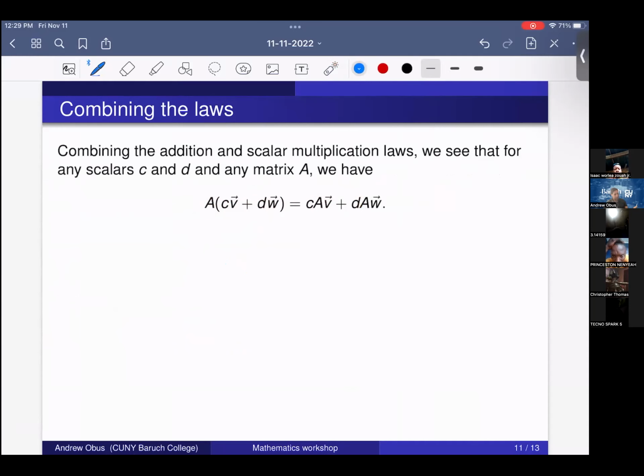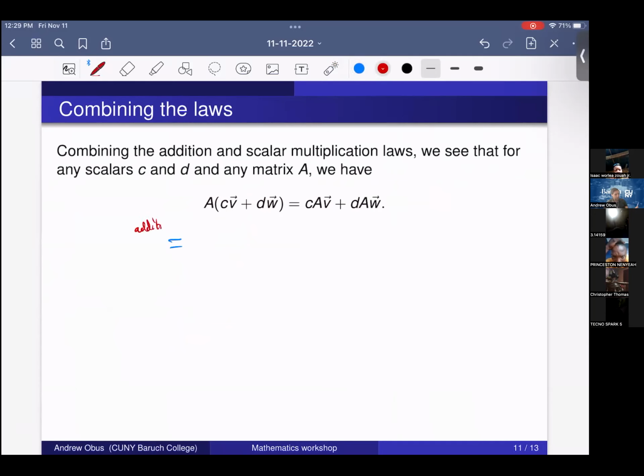The reason for this is, if I have A times (CV plus DW), I can use the addition law, and that's going to give me A times CV plus A times DW. Then I can use the scalar multiplication law, which lets me pull out the scalars, and that gives me CAV plus DAW.